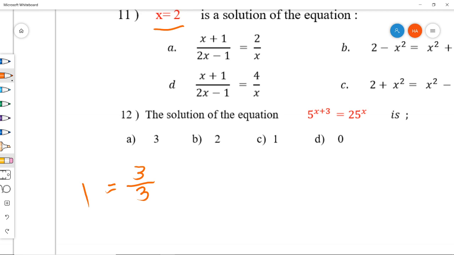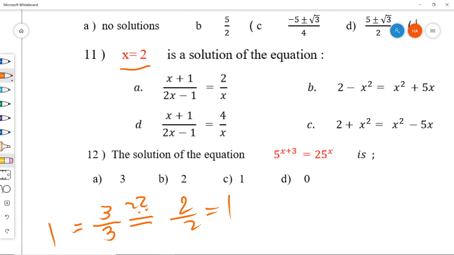So the left hand side equals 1. Is this the same in the right hand side? Let's see 2 over 2 is also 1. So the left hand side equals the right hand side. So x equal 2 is a solution for this one.